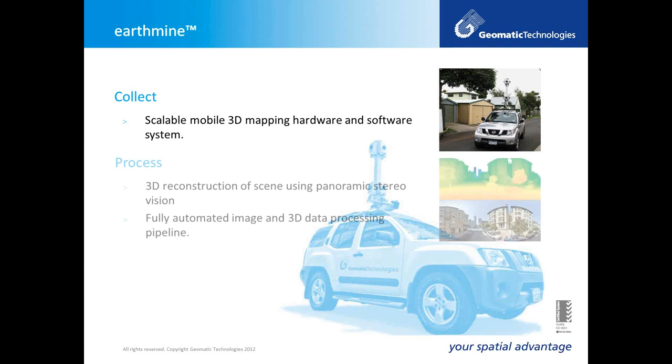The imagery then all gets uploaded into a cloud array of computers, which can be scaled up and down depending upon the volume of data that you're trying to process, providing high throughput of processing, generating not just stitched panoramic images, but also a three-dimensional point cloud data set off the photography. So it's a true photogrammetric solution generating that 3D point cloud.